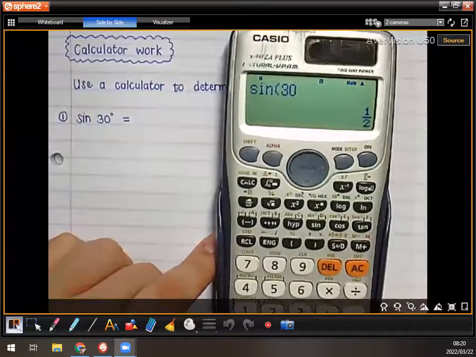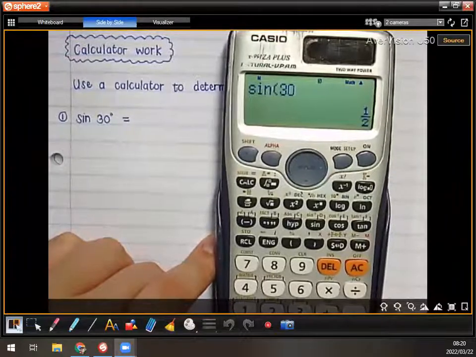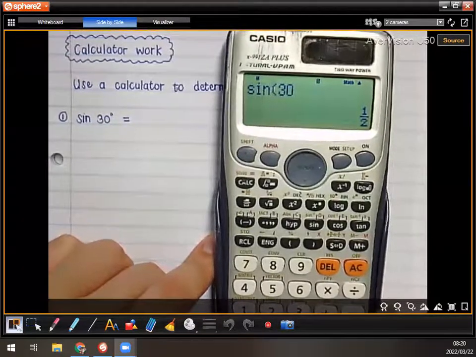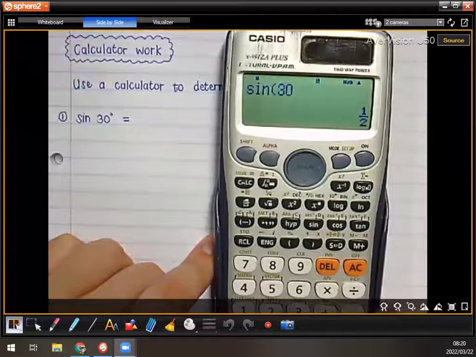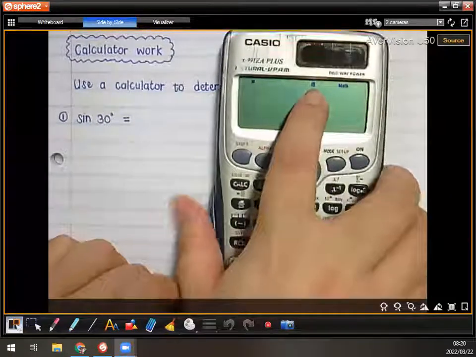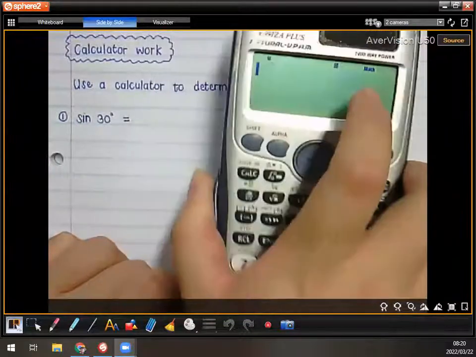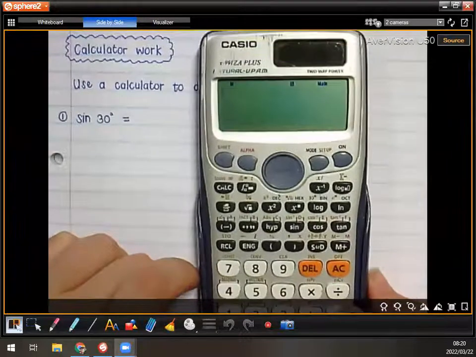If you are not getting a half, then your calculator is in the wrong setting. All right, please just check. Are you getting a half, everyone? Yes, just nod. You getting a half? No. It's supposed to have a D there at the top. If you look in the way I'm pointing, that is supposed to be a D. If you have an R, then it's in the wrong setting.